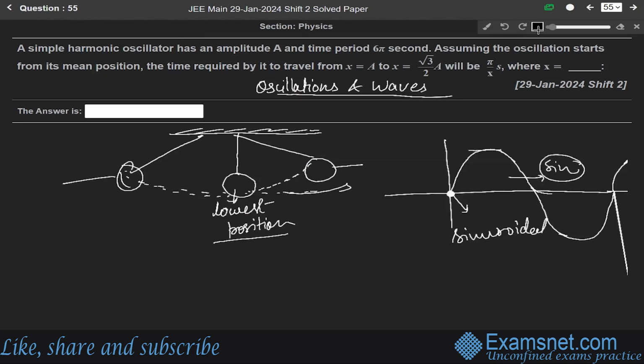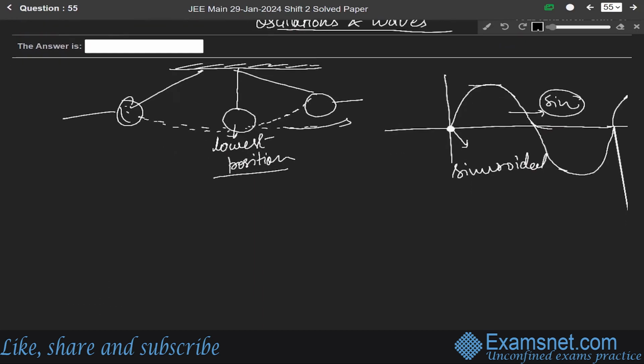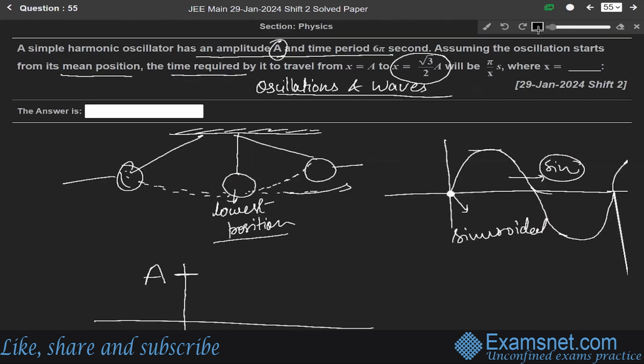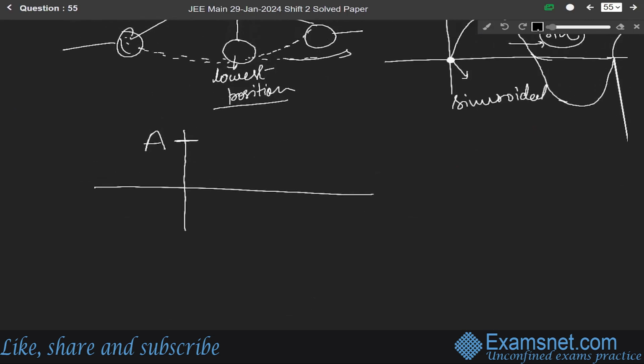But according to the question, it has an amplitude A, and the time period is 6 pi second. Assuming that the oscillation starts from its mean position, we have to find the time required to travel a distance of root 3 by 2 A. Let us say, according to this question, at first the particle is at this point, having an amplitude A, and doing simple harmonic motion, it goes like this, then this and this.